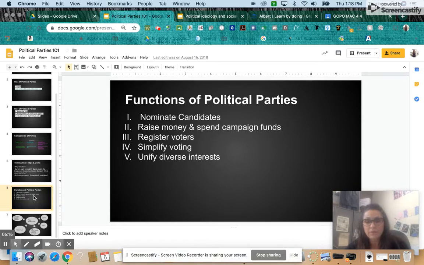They provide patronage, so they actually reward people that have helped support the party and are true believers in the party's platforms, and they give them a lot of good jobs.